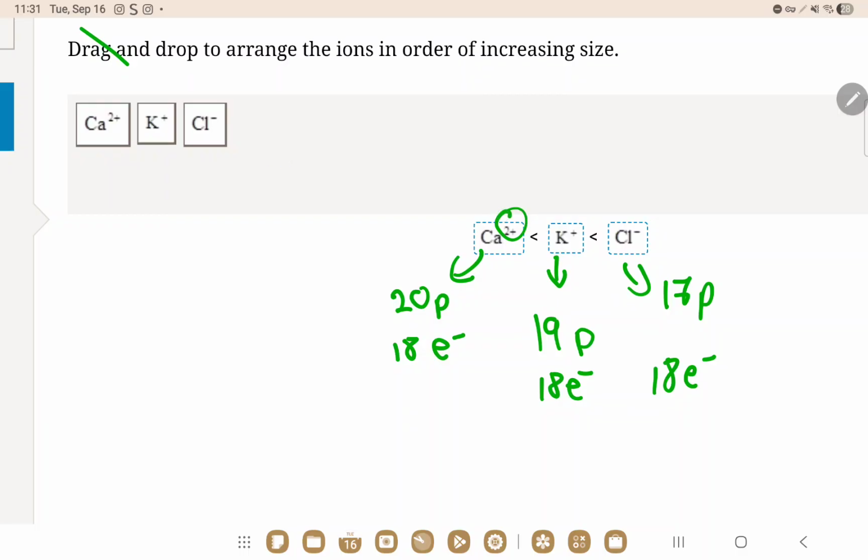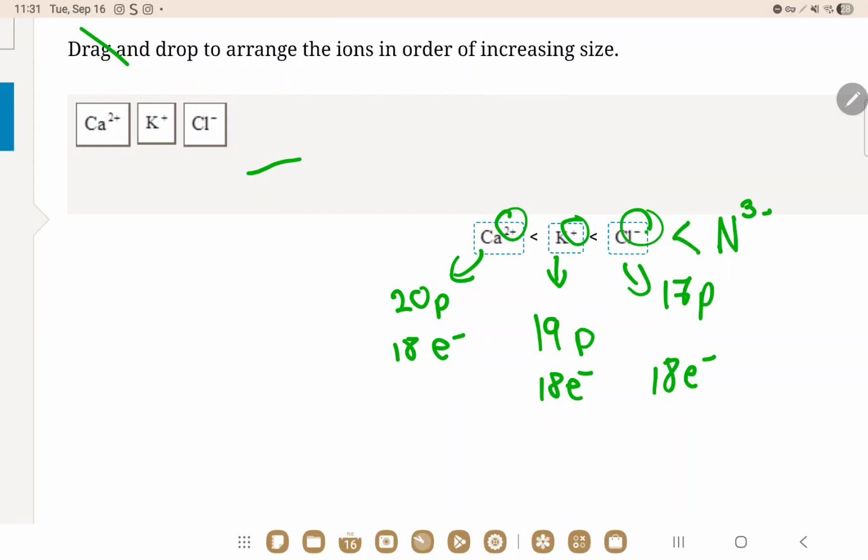So 2 plus is the smallest, then plus, and the one with the highest negative charge is the biggest. If you had, for example, N3 minus, N3 minus would be the biggest.